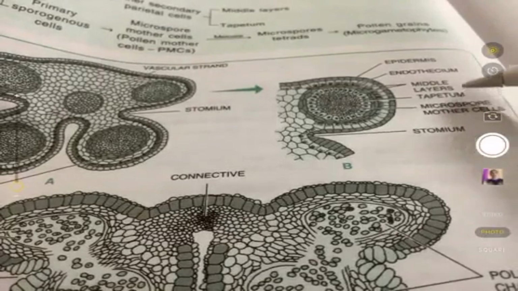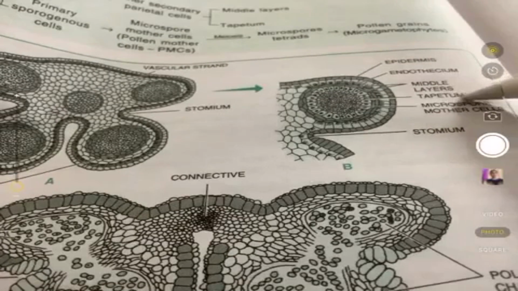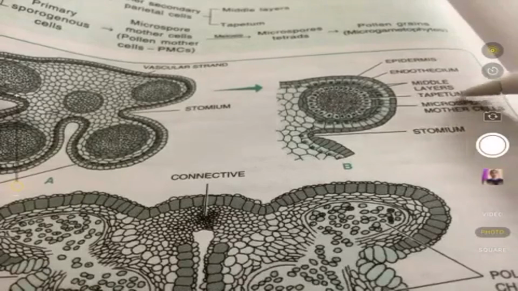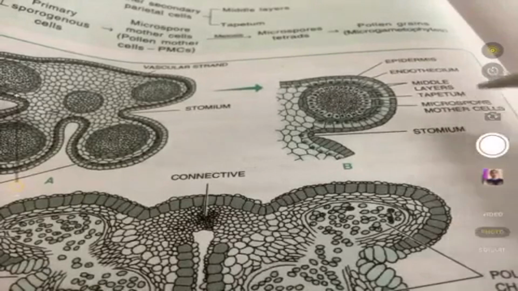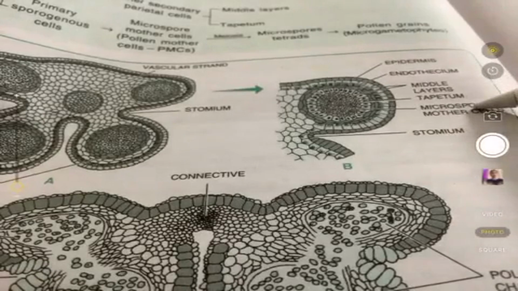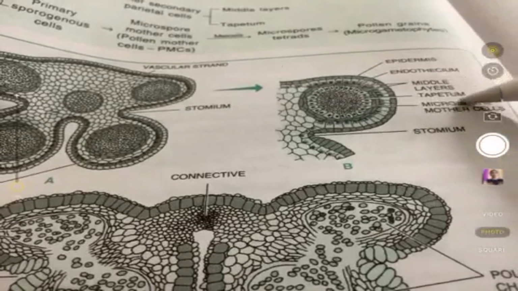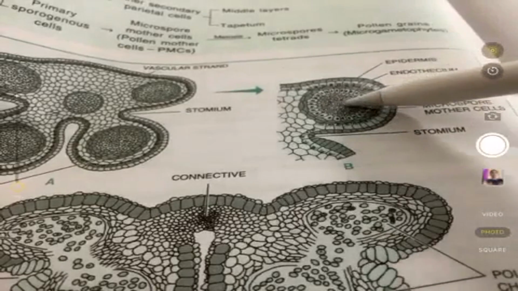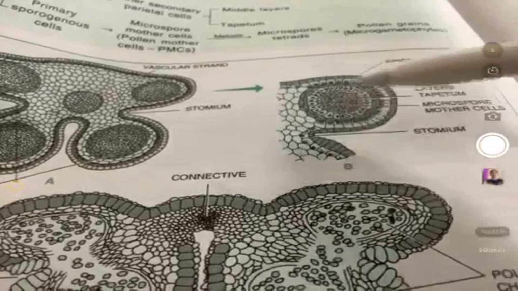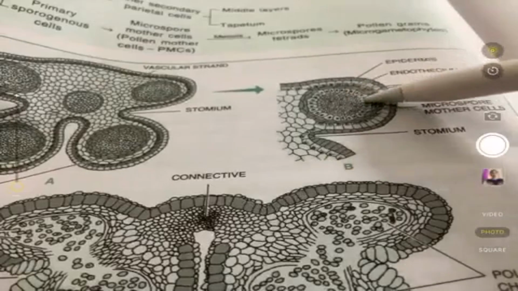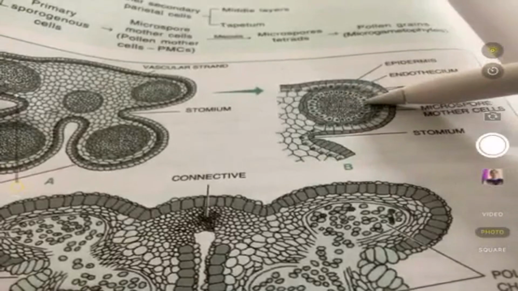It takes the nourishment from the middle layer and provides it to the microspore mother cell, and by this method the tapetum will help the microspore mother cell to develop into pollen grains. So you see the microspore mother cell is lying in the center, and they will develop into pollen grain with the help of tapetum by taking nourishment from the tapetum.